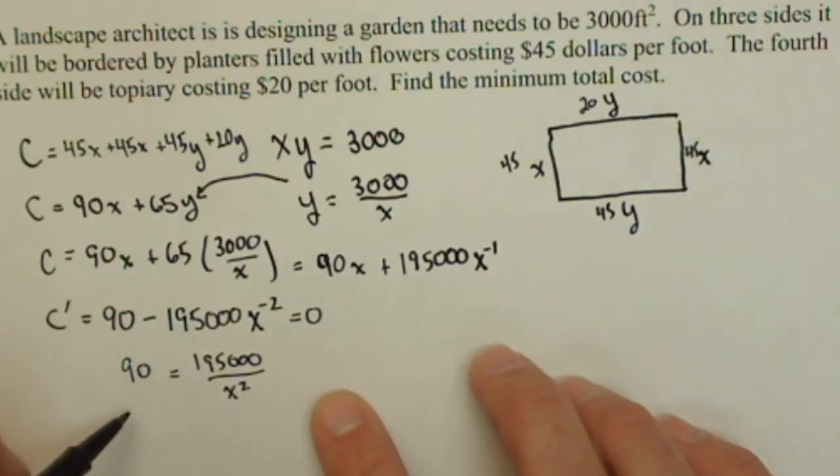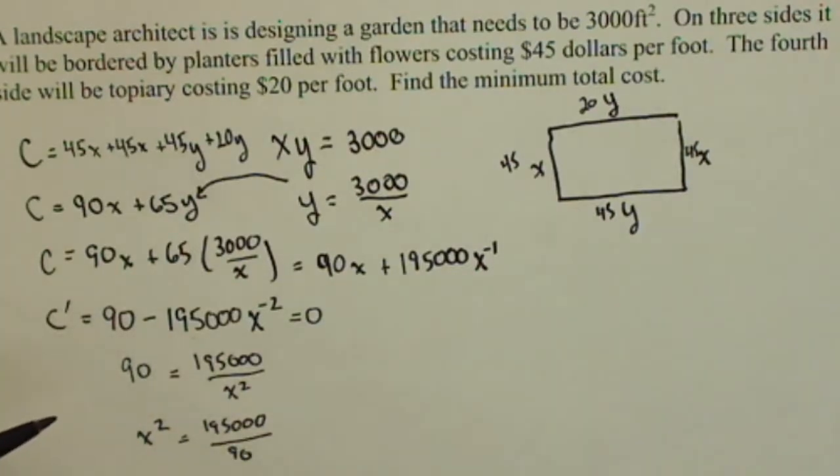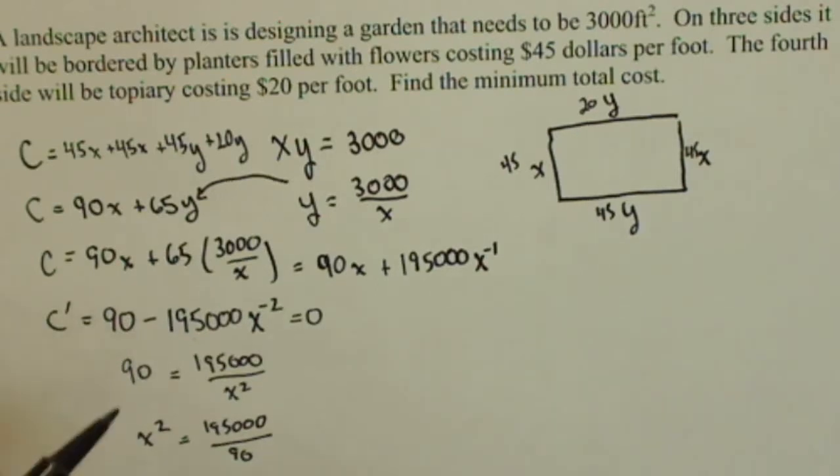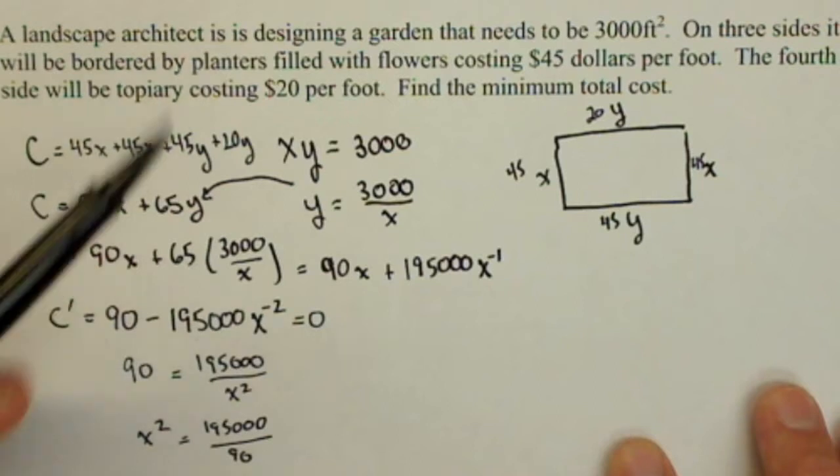So we cross multiply, and we get x squared equals 195,000 over 90, and what we get then is x is going to be approximately 46.55 feet.